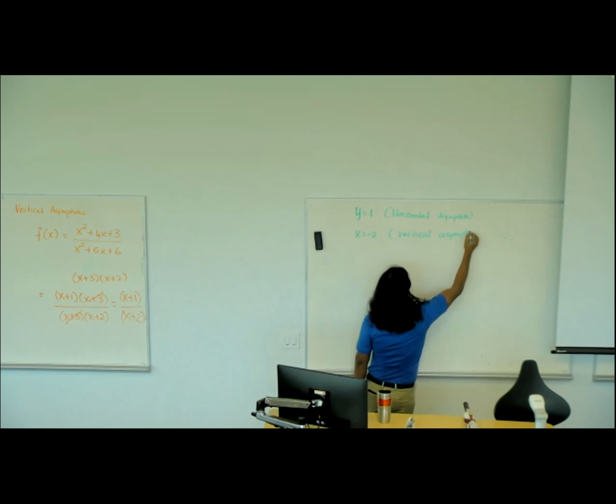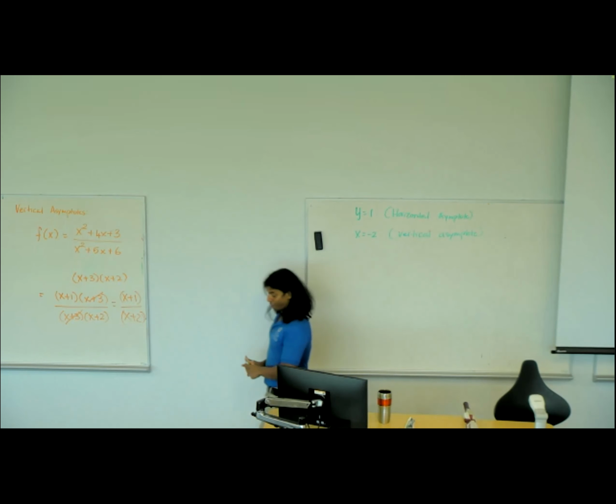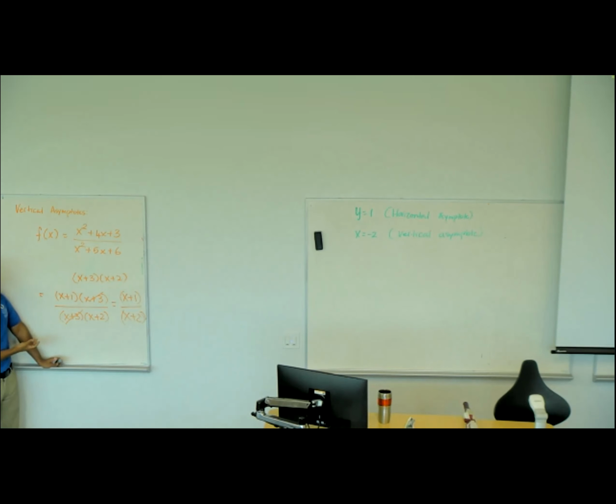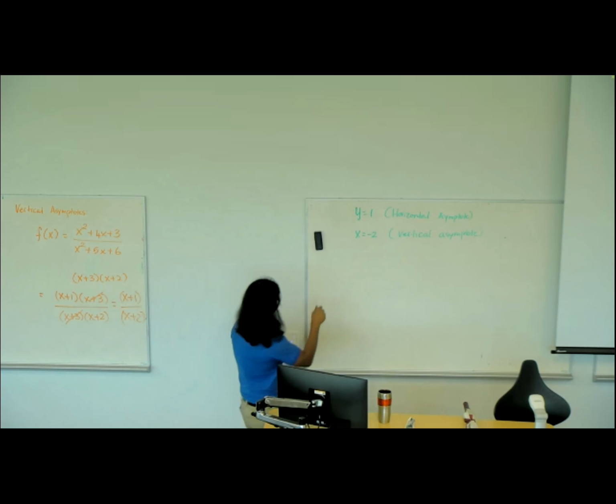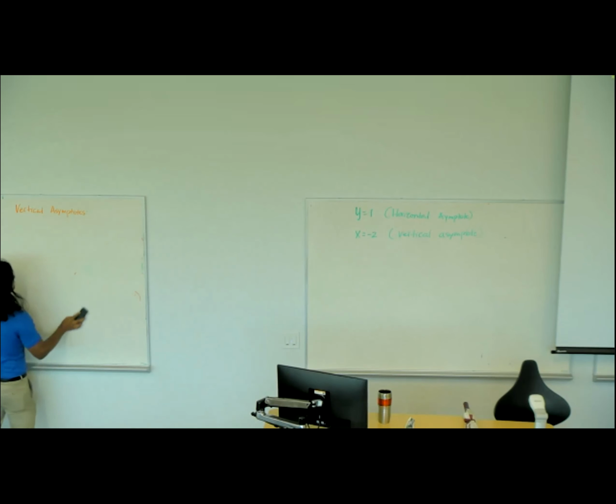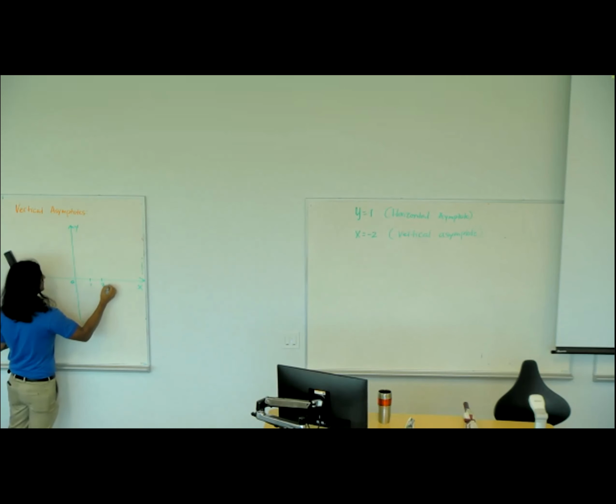Even though I started with the graph, if someone forced me to do this, I'd love it. But if you want to try KFC followed by this process, I've identified y equals 1 and x equals negative 2 as the asymptotes. So I'm going to start by drawing the imaginary lines, the asymptotes.